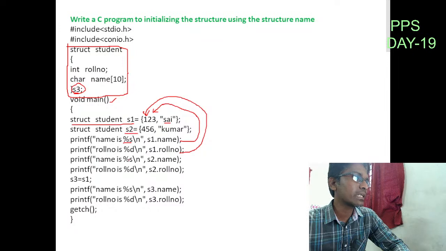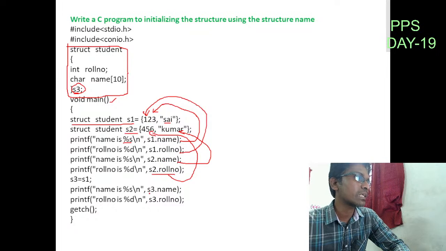Then I will write printf name is equal to %s \n, followed by comma S2.name. In this example it will go and access the name of S2, which will be Kumar, and S2.roll number. Then it will go and access roll number 456 for S2.